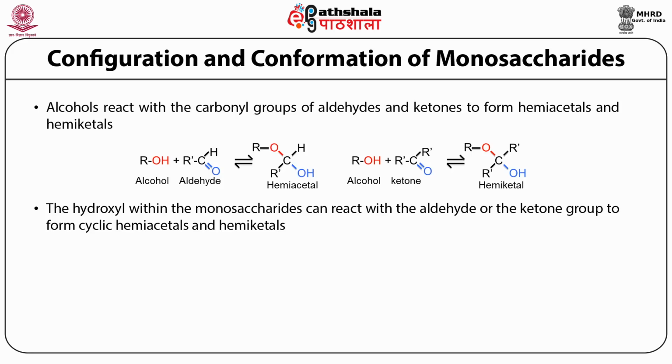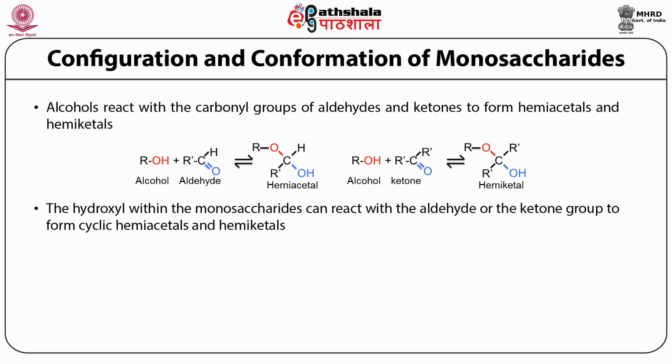In the case of glucose, if the same kind of cyclization occurs due to the reaction between the hydroxyl group at C5 and the carbonyl group at C1, then you see that it leads to the generation of glucopyranose. In the case of fructose, if the hydroxyl group at C5 reacts with the carbonyl group at C2, it leads to the generation of a cyclic structure of fructose, which is called fructofuranose.